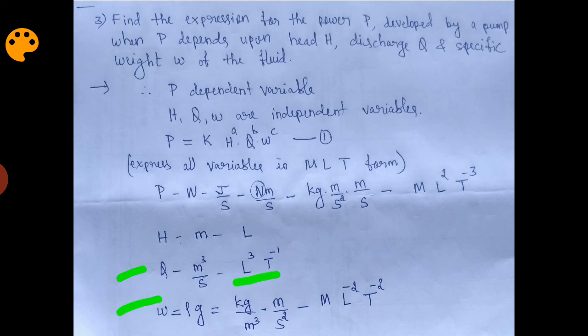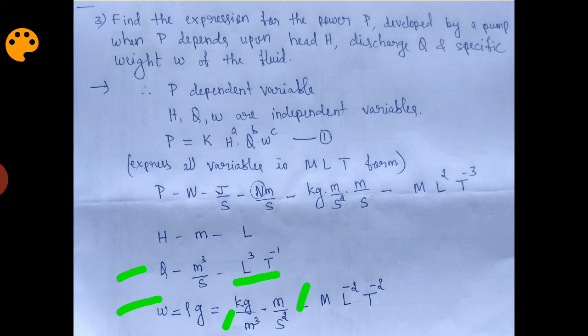Then we have specific weight W. As I told earlier, W is equal to rho into G. Here rho is the density of water, G is acceleration due to gravity. Density is mass by volume. So for mass by volume, we can write down kg per meter cube. For G, it is meter per second square.